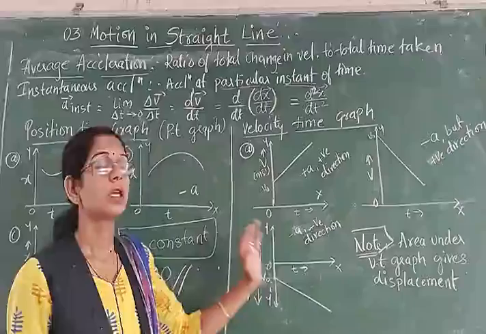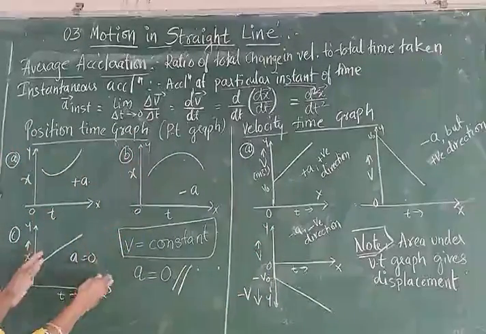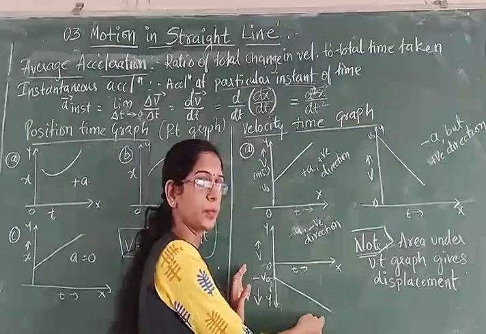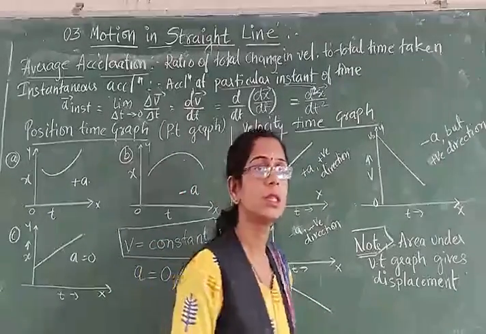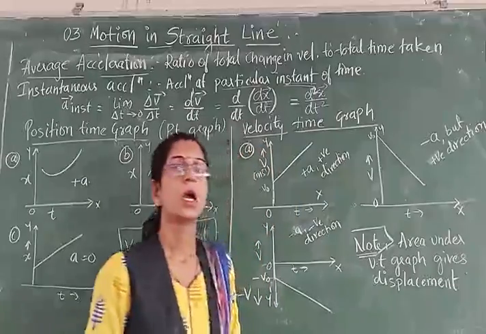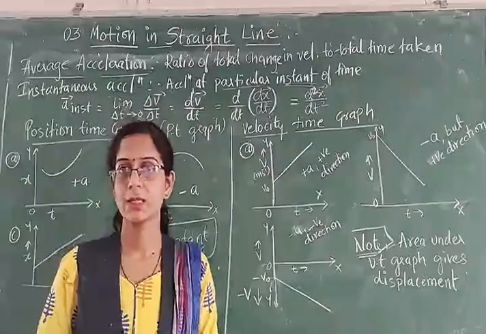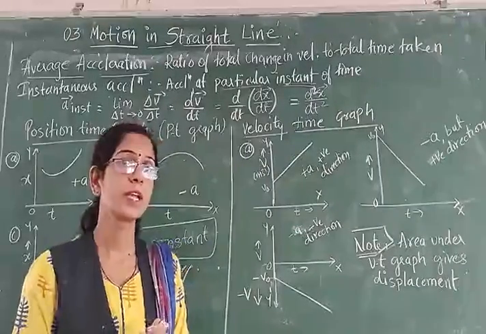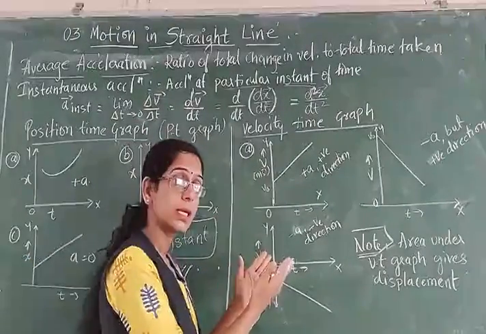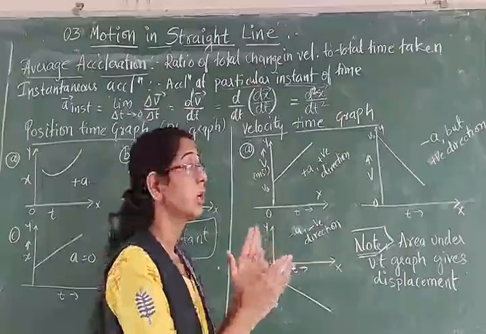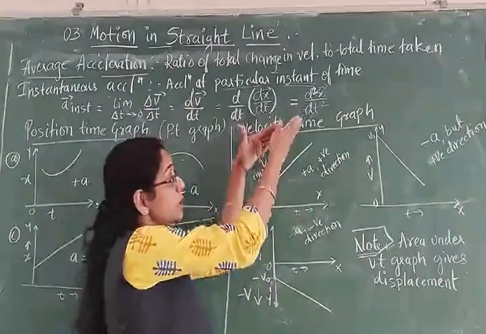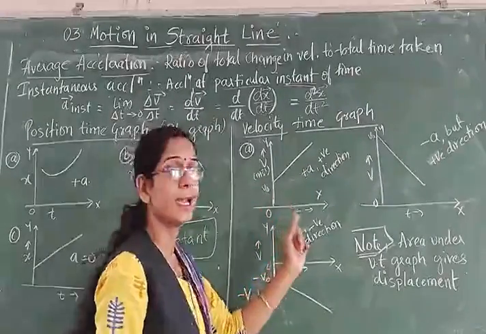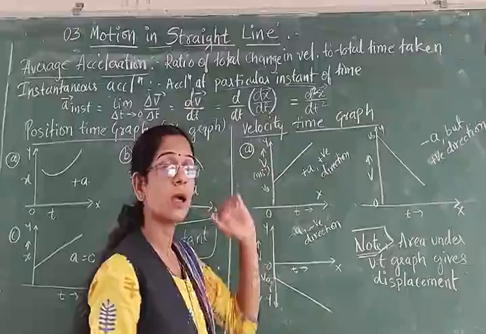So these are the representations for the position-time graph, the PT graph, and the velocity-time graph, the VT graph. One important point related to these graphs: if you want to find displacement graphically, you can obtain the value for displacement just by taking the area of the graph drawn below the line. Between the velocity and time curve, what is the area covered?